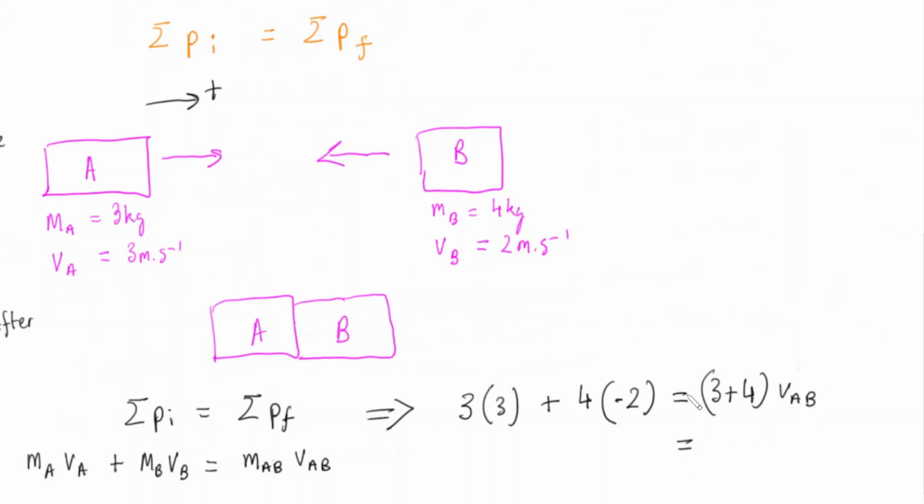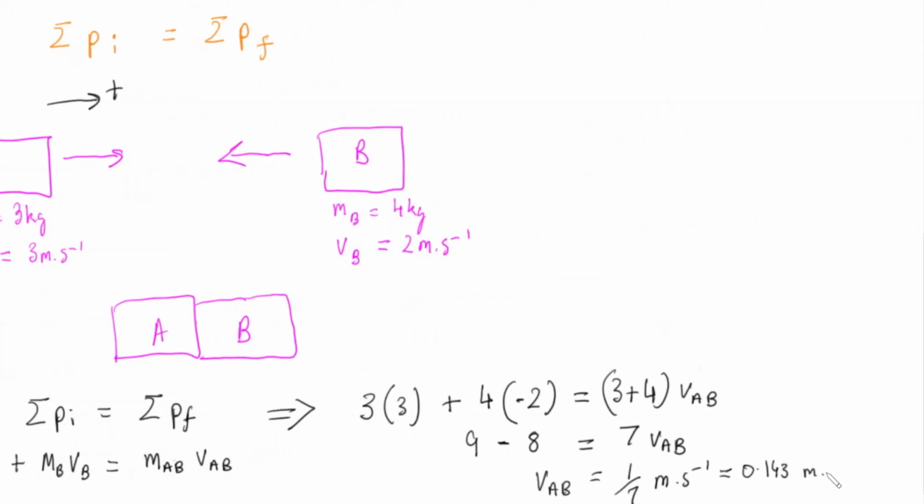So let's multiply these out. So we've got 9 minus 8 is equal to 7 VAB. And if we solve that, we get VAB is equal to 1 on 7 meters per second, which is 0.143 meters per second.